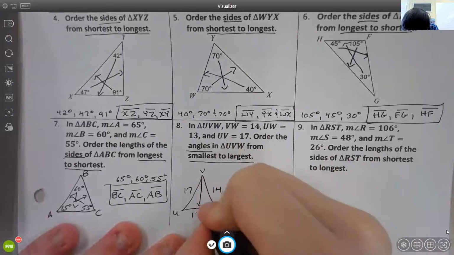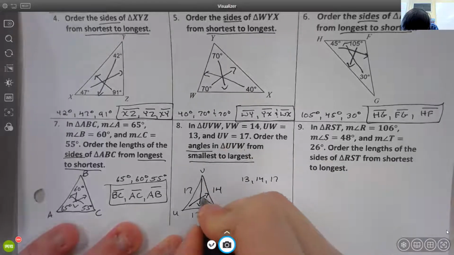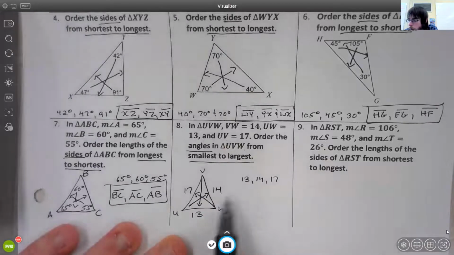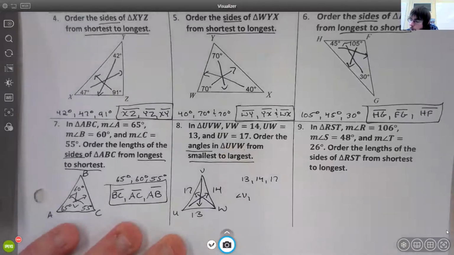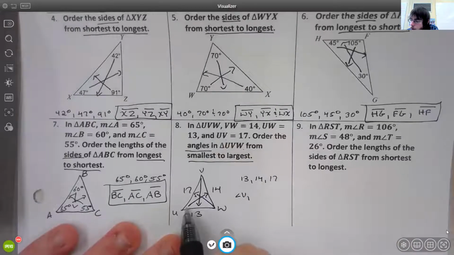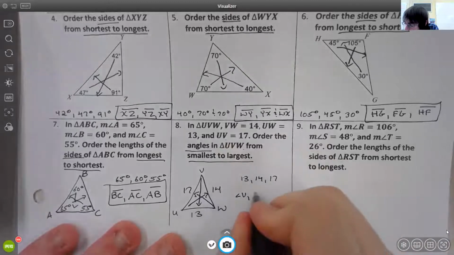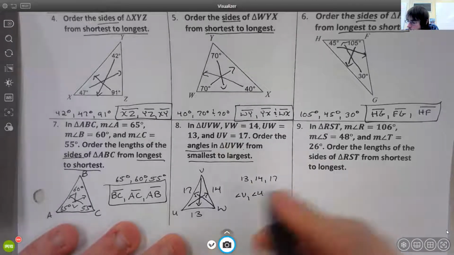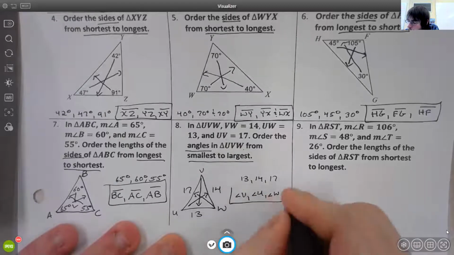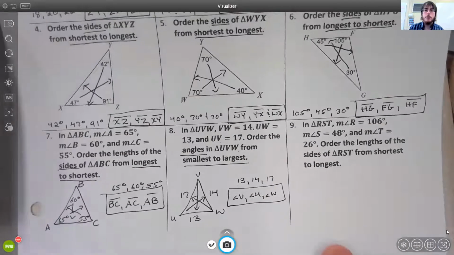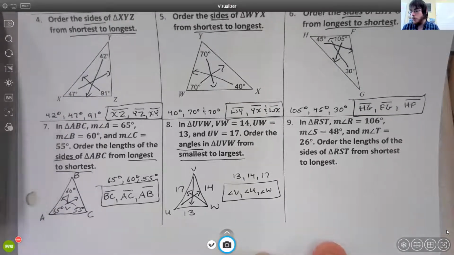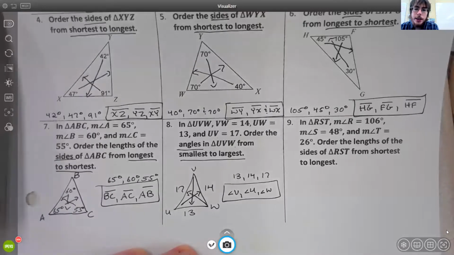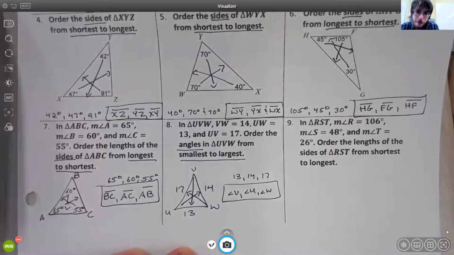Draw your arrows from your angles to the sides. Which angle points to the one with 13? That would be angle V. Which angle points to the 14? That would be angle U. And then angle W points to that one. And then I want you to try number 9, okay? Make sure you pay attention to what it wants from you, whether it wants you to list the sides or the angles in order. All right, pause the video.